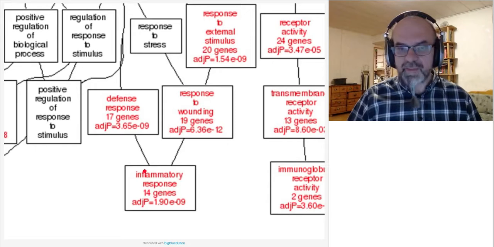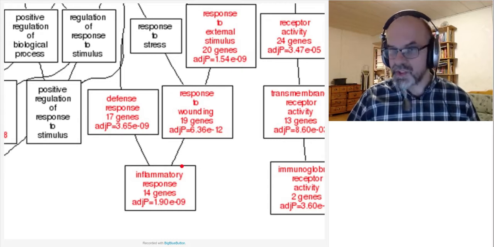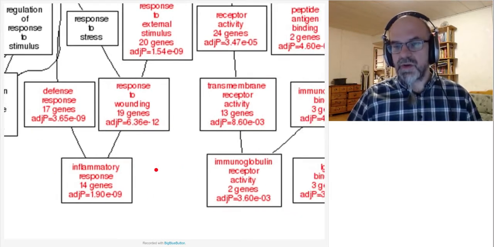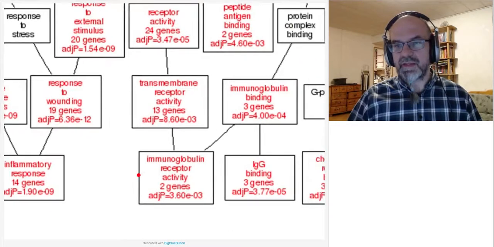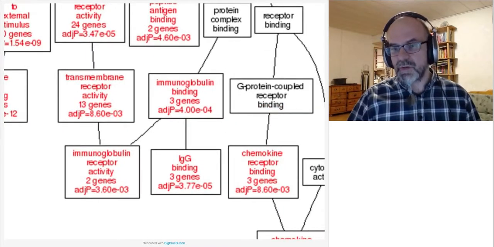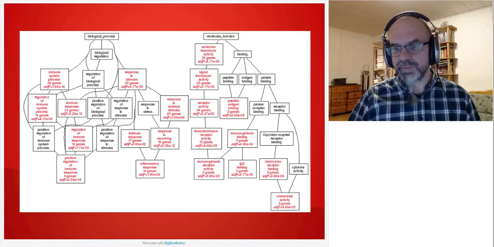But if you find that there are 14 genes among my gene list which are associated with inflammatory response, now that is something. Okay, so you can figure that this experiment has something to do with inflammatory response or IgG binding. So obviously this is an immunology study that we have performed here.